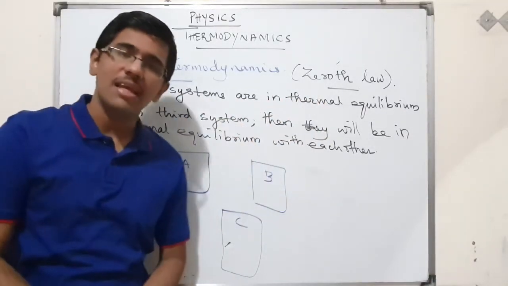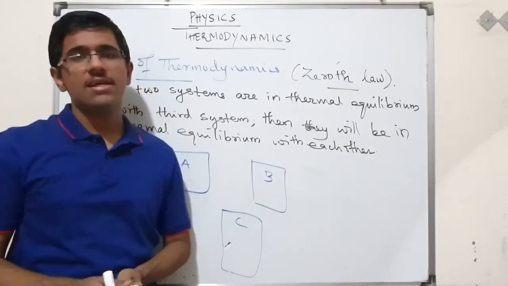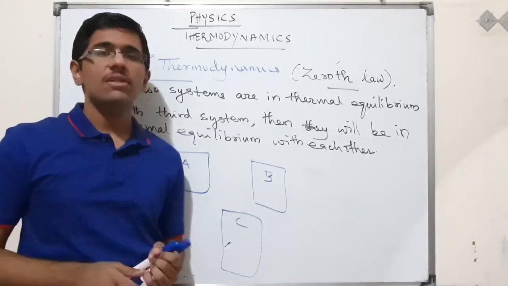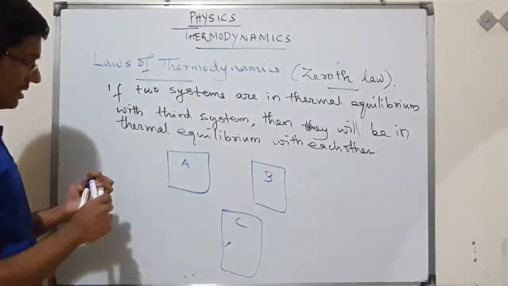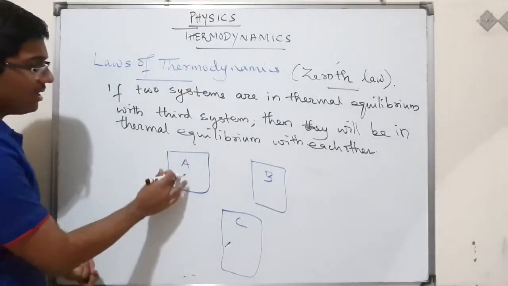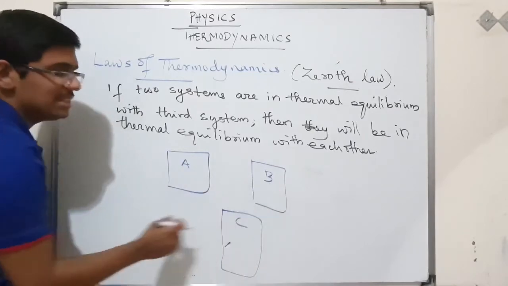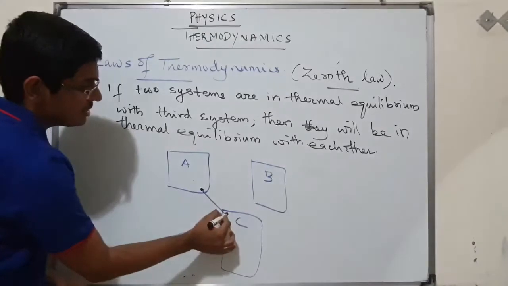Thermal equilibrium means the same temperature. Thermal equilibrium means they have the same quantity of heat. So imagine system A and system B are individually in equilibrium with system C. That is, system A and C have the same temperature.